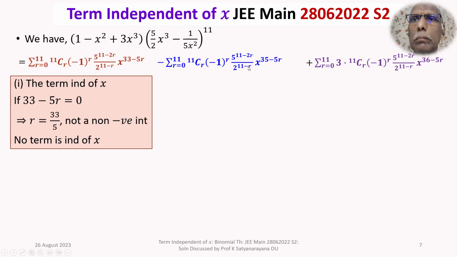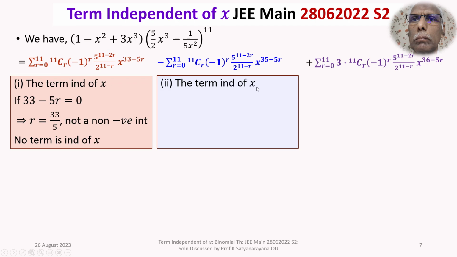So let's get into the second one. For the term independent of x, equate the exponent of x to 0: 35 - 5r = 0, so r = 35/5, that is 7, which is a positive integer. Yes, we get a term independent of x in this second sum.